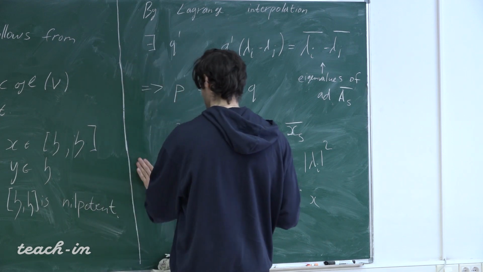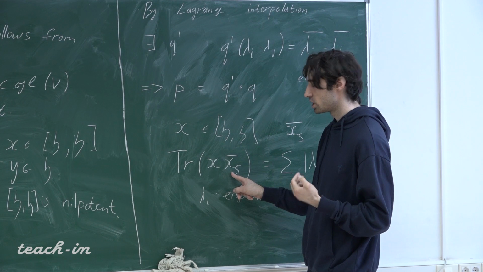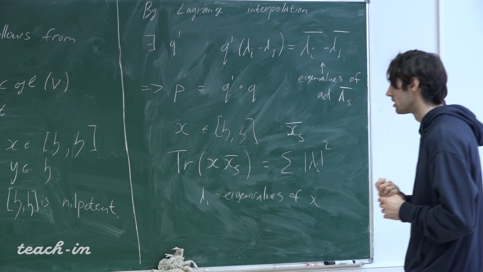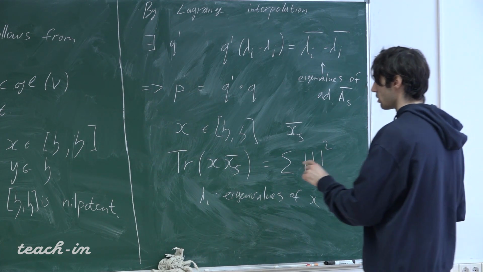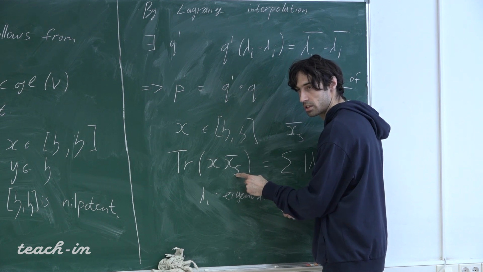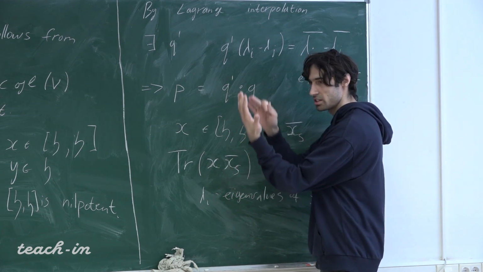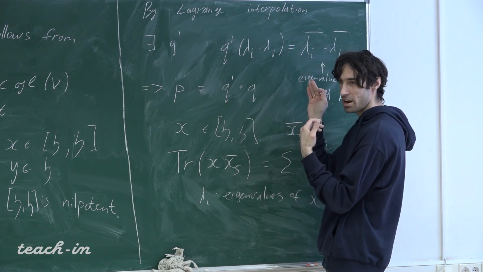Not yet. Not yet. I just said myself that this guy is from G, right? Again, repeat. What is X S? So I take semisimple part of X. X is some matrix, right? This matrix is written as a diagonal matrix. Think of like diagonal and strictly upper triangular.